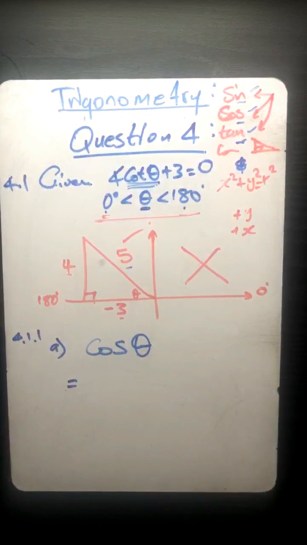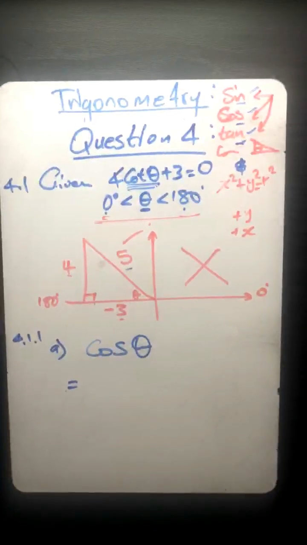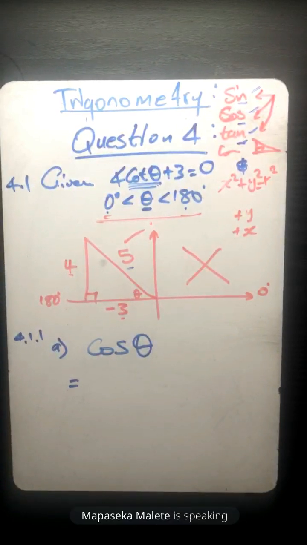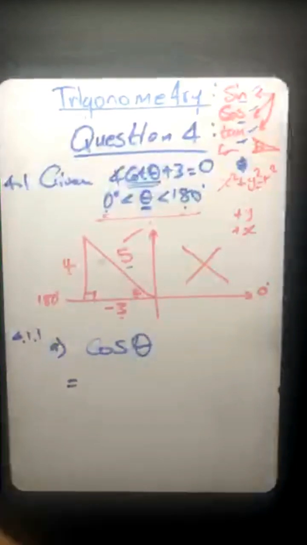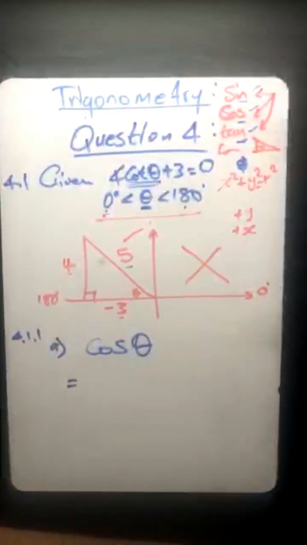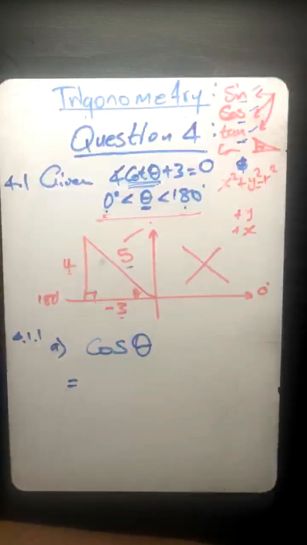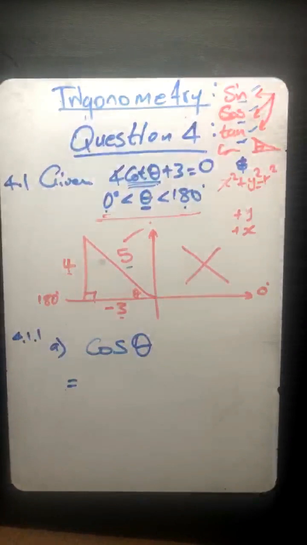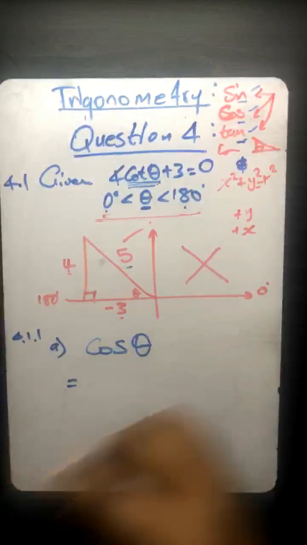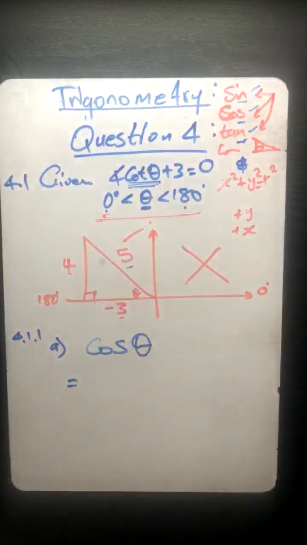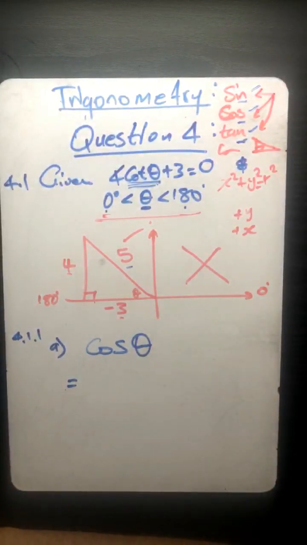Okay, let's see. How about now, honorable members? Can you now see? Yes, sir. Okay, so before I got disconnected, my question was, since we are now on 4.1.1, letter A, what is the ratio for cos angle in terms of x, y, and r?